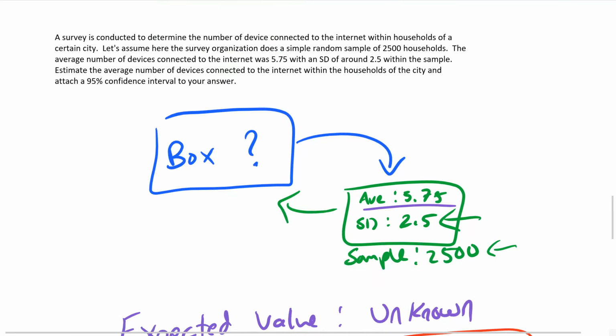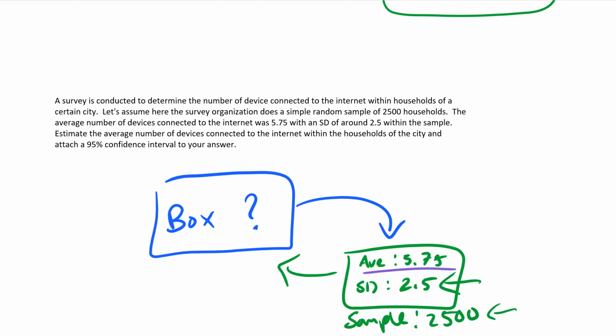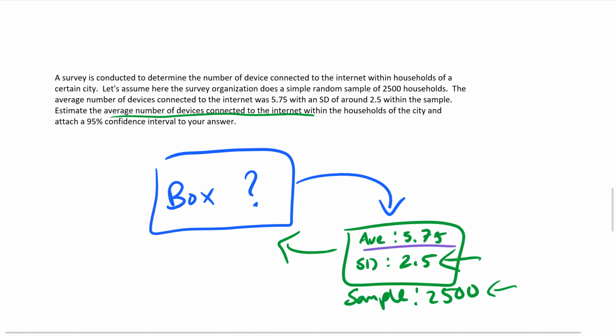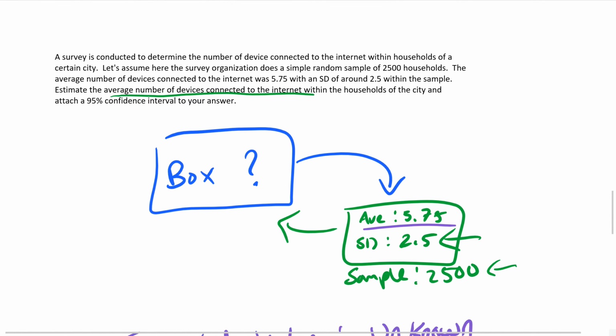So now we're ready to answer the question, which is to estimate the average number of household devices connected to the internet. Our estimate would be the average in the sample.